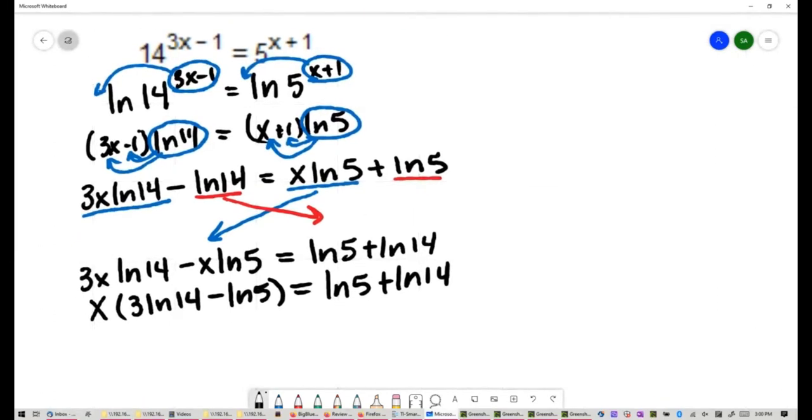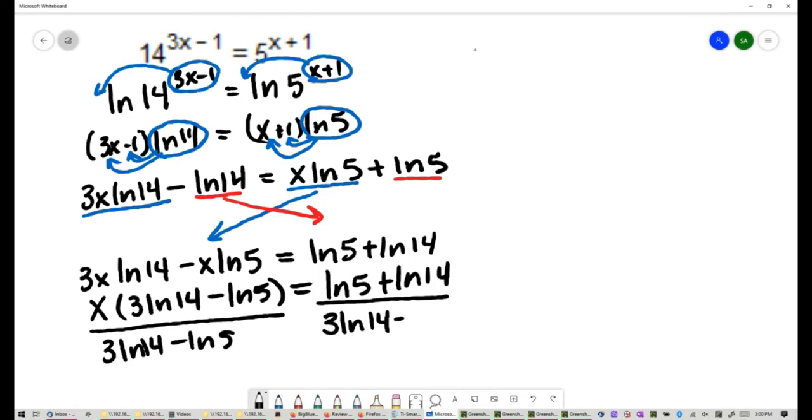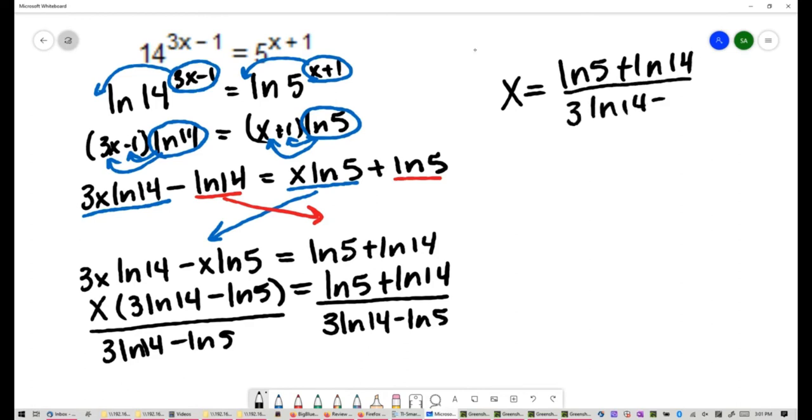We've got one more step here, and that is to isolate x. So we'll divide both sides by what's in that parenthesis, 3 natural log of 14 minus natural log of 5. So our final answer will be x equals natural log of 5 plus natural log of 14 divided by 3 natural log of 14 minus natural log of 5. Let's try typing this in the calculator.